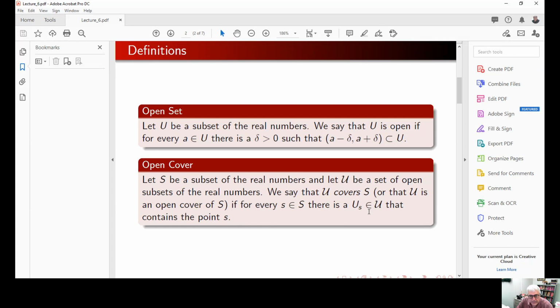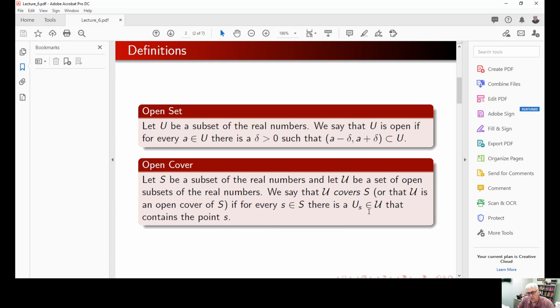To make this a little less confusing, you might want to start thinking of the points on the real line like marbles or peas or something, and the elements of my cover to be cups.